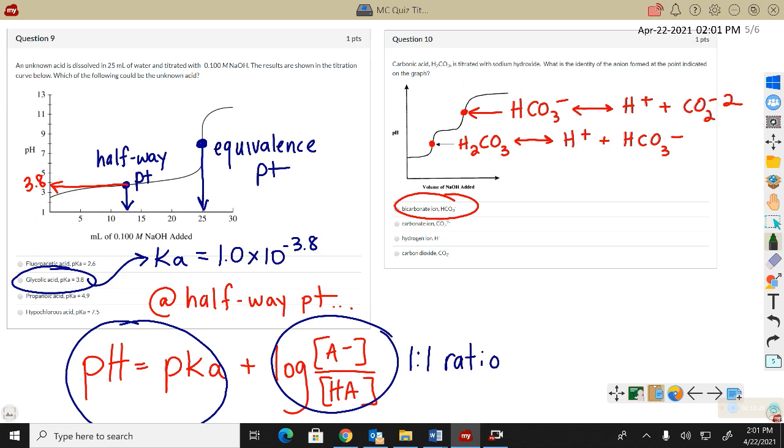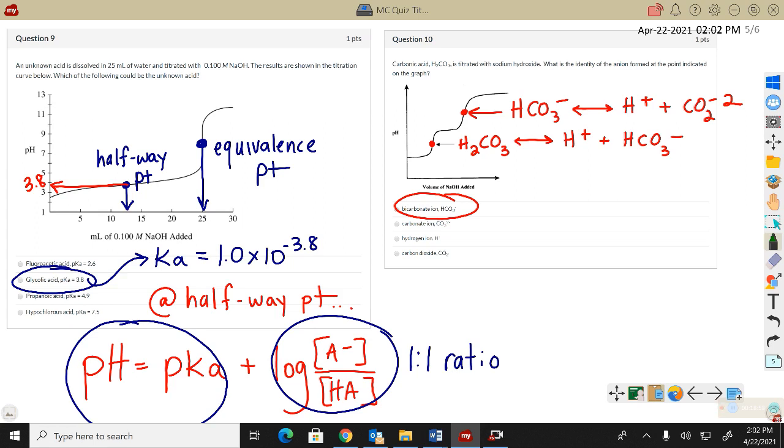So the pH equals the pKa. So just by inspection, I'm looking for a pKa of about 4, which then would mean that the Ka is approximately 10 to the negative 4th. Well, here the closest is probably that glycolic acid, where the pKa is about 3.8. If I were asked for the Ka, I would say it's about 10 to the negative 3.8.